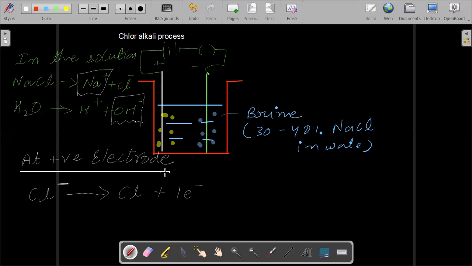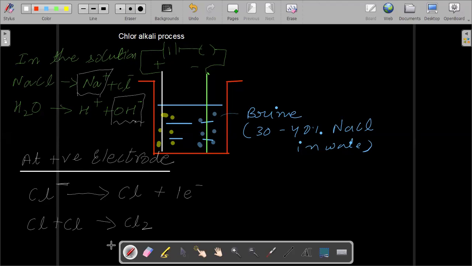Now you are left with a chlorine atom at the positive electrode. As soon as another chlorine atom is formed, we get chlorine gas. So which gas will be liberated at the positive electrode?